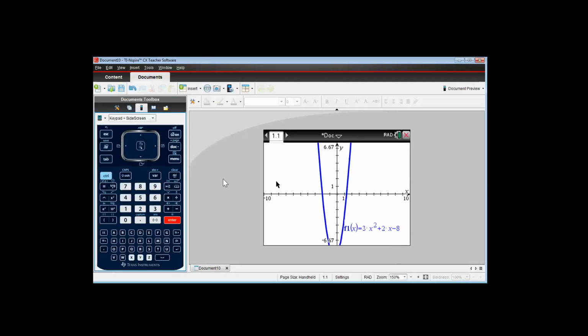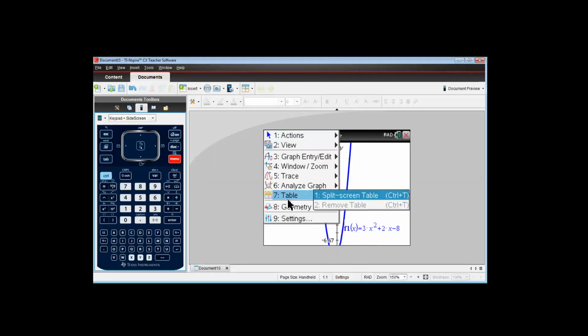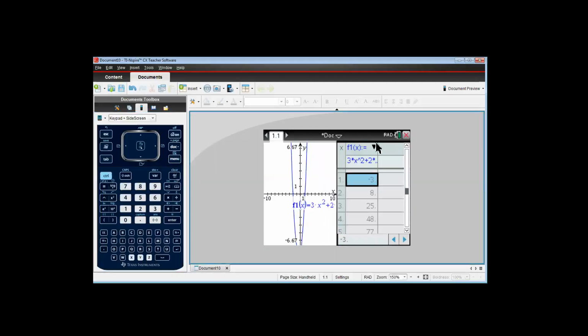So if we look at our table, we see that if I scroll up at negative 2, I get 0. But I'm not going to see it at 1 1/3 because these increments go up by 1s.